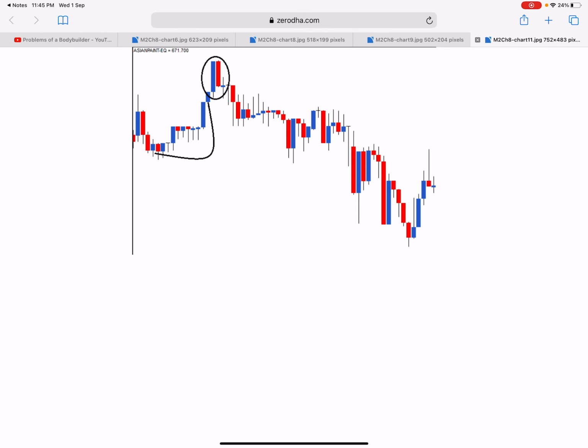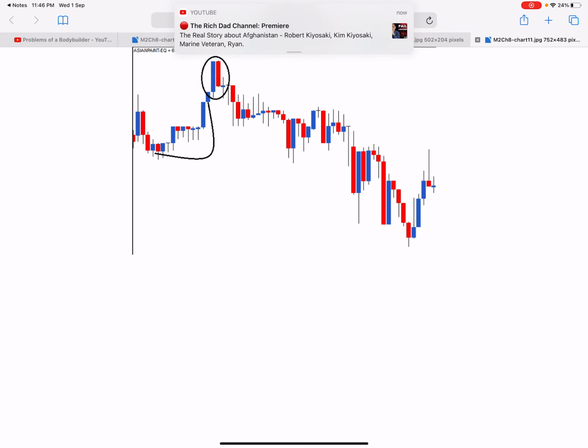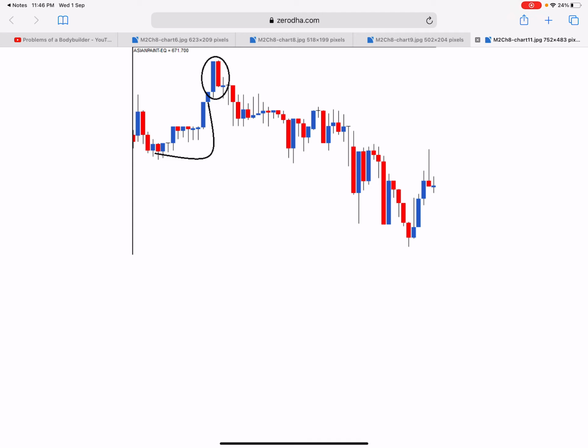However, in a dark cloud cover, the red candle on P2 engulfs about 50% to 100% of P1's blue candle. The trade set up is the same as the bearish engulfing pattern. Think about the dark cloud cover as the inverse of the piercing pattern.